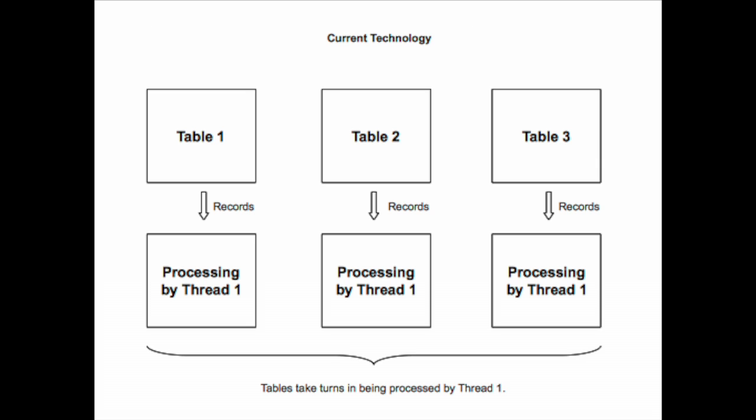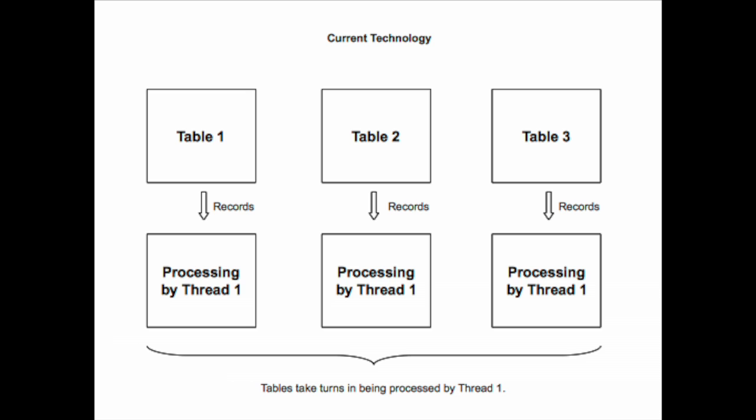Okay, all right, so this is a graphical representation. You've got table 1, 2, 3, the 3 tables of the query, and table 1 is processed by thread 1. Table 2 is also processed by thread number 1, and so on. So like I just explained, it reads the record from table 1. If there's a match, we move on to the next table.